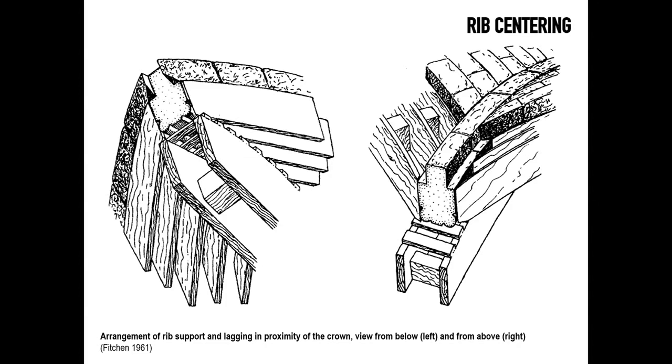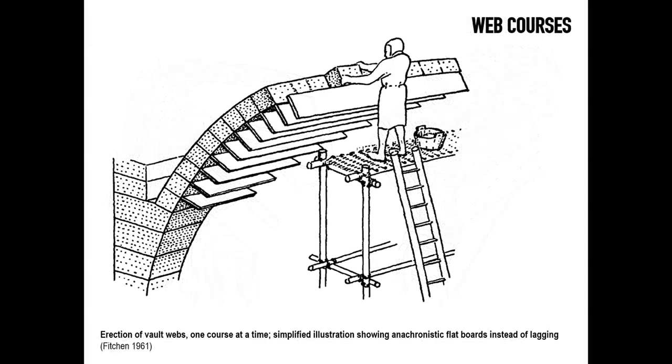In between the ribs, it is possible there would have been similar arrangements of lagging, not necessarily boards cut in this way, which seems to imply that mechanical saws would have been available. This is the way you probably build a vault today, using boards coming on a longitudinal side, because it is easier to control a surface by having a series of points rather than connecting a series of planks.